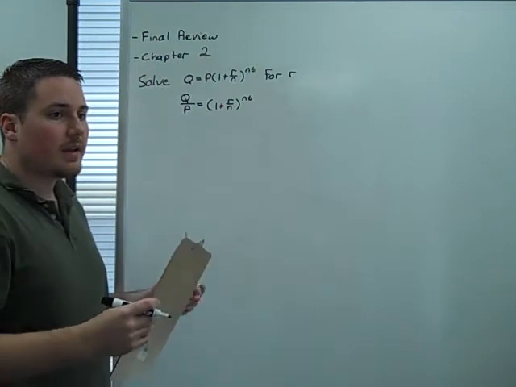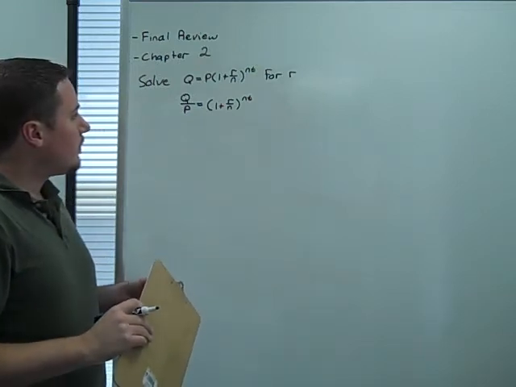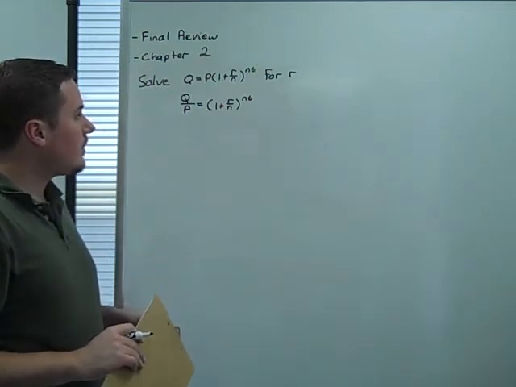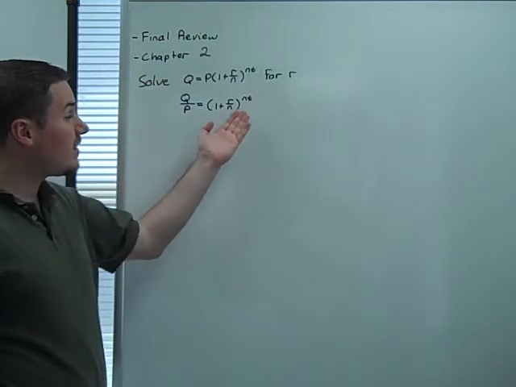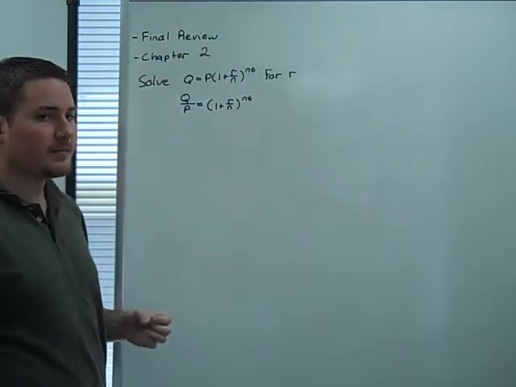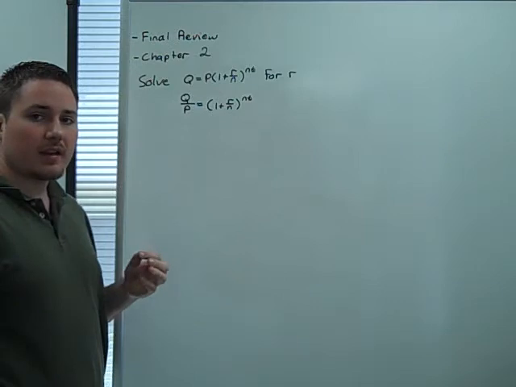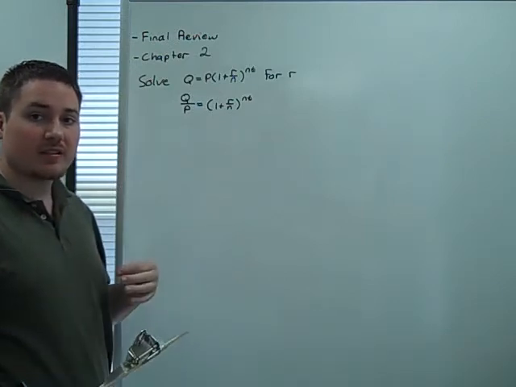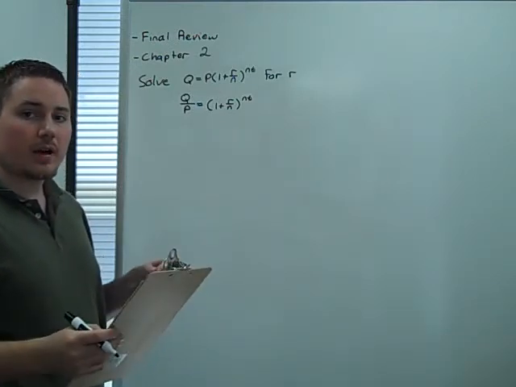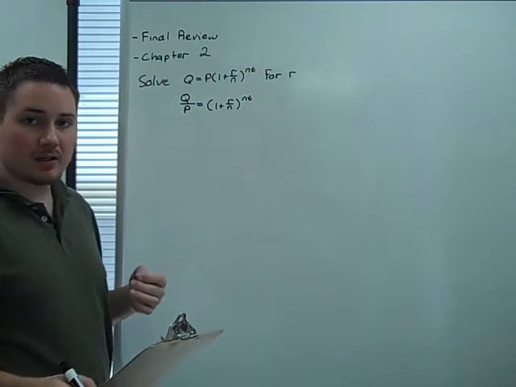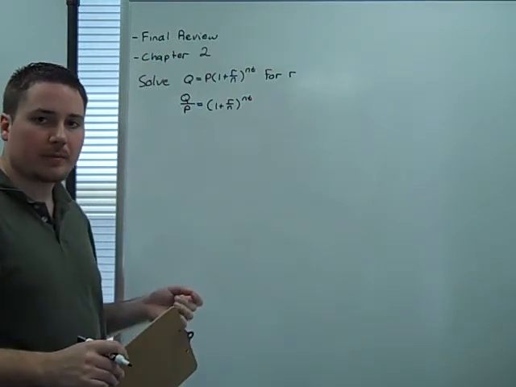Now, at this point, several people will get frustrated because they don't know how to get rid of an NT power. Well, you have to think about ways to inverse that operation. The question is, is that an exponential operation or is it a polynomial operation?